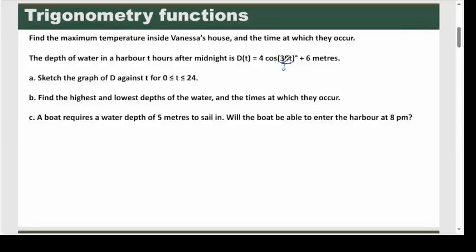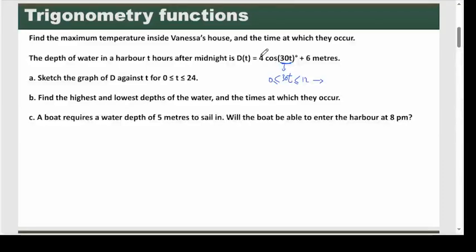So if I multiply this t by 30, 30t would be between 0 and 12. That means every 12 this cosine will complete one period.